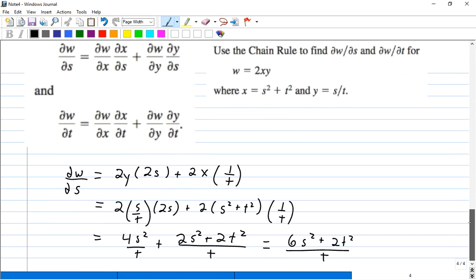Now, what did we just do? We just followed the formula to do the same thing by the chain rule. The only difference is, after we take our derivative and follow the formula, we have to plug back in for x and y. Which way is easier? I don't know. To me, it's about the same. But there are two ways to work this problem.